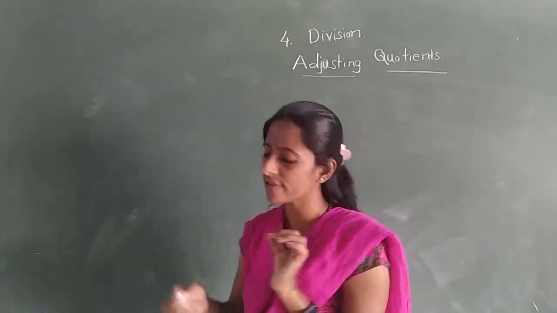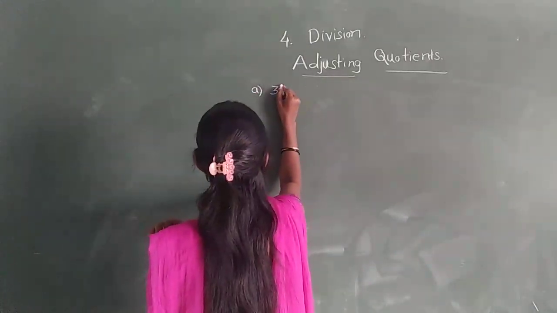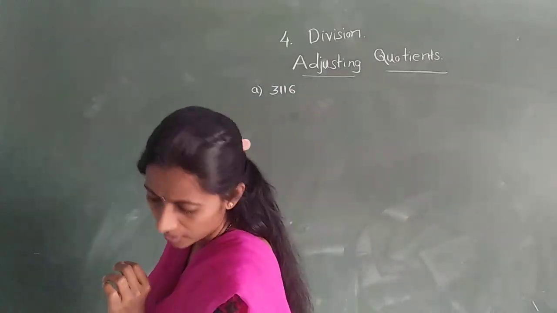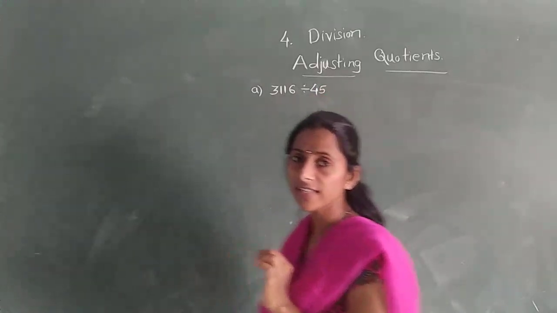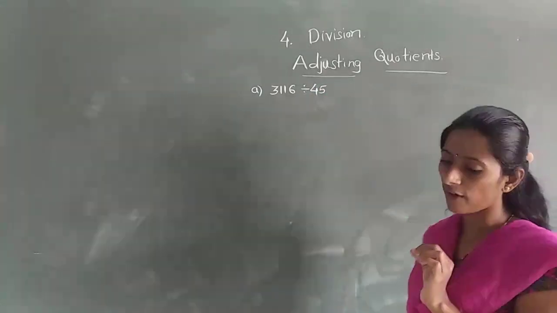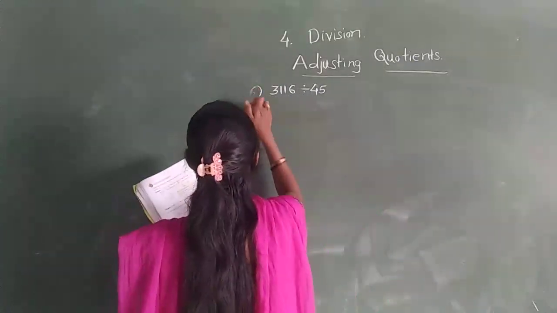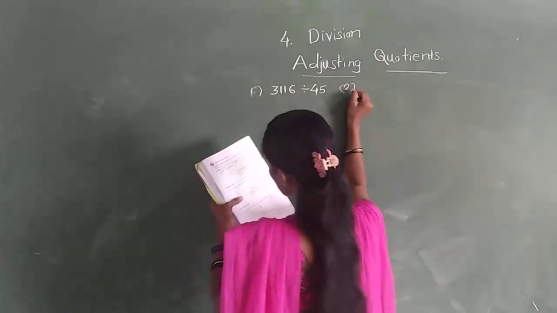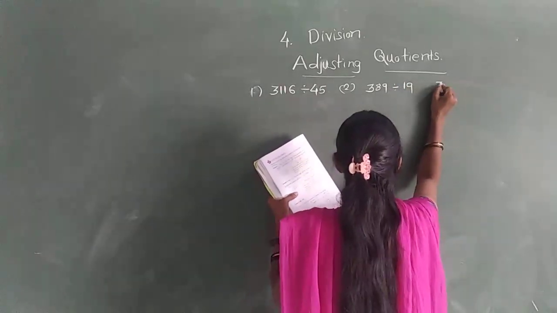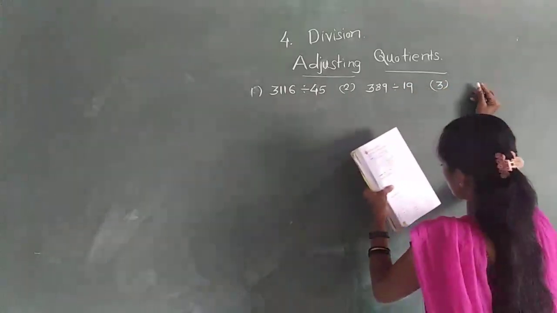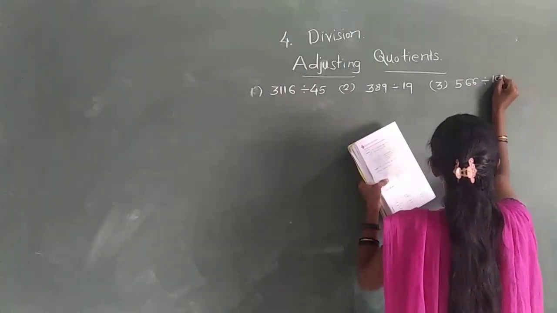The examples are: first, 3116 divided by 45. Second, 389 divided by 90. Third, 566 divided by 19.